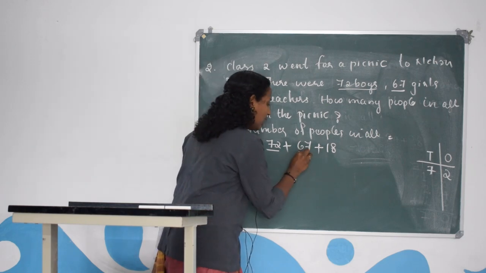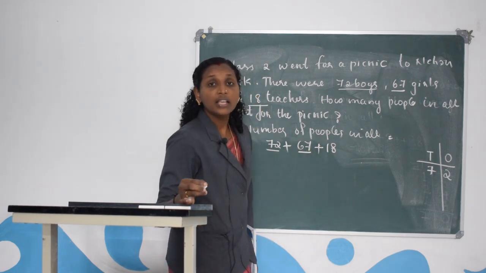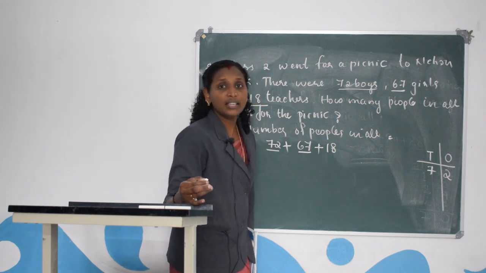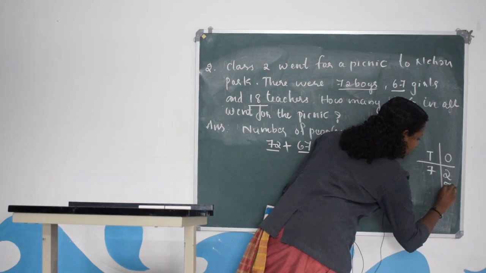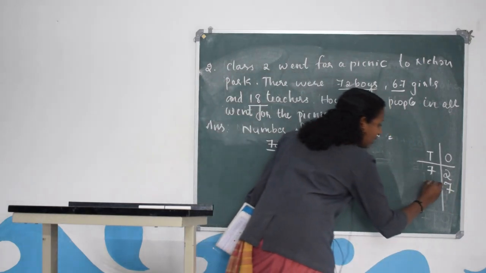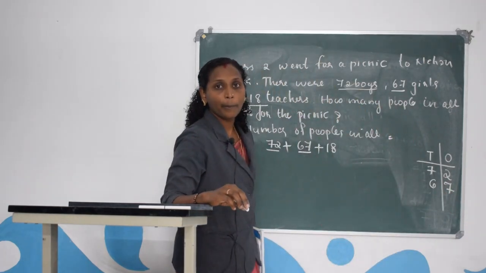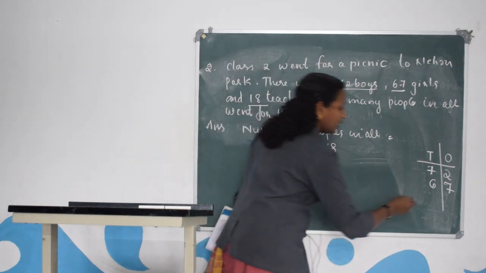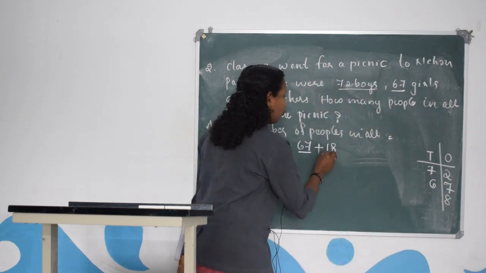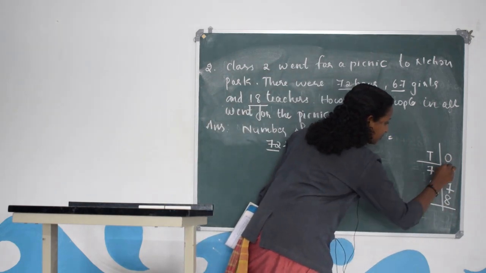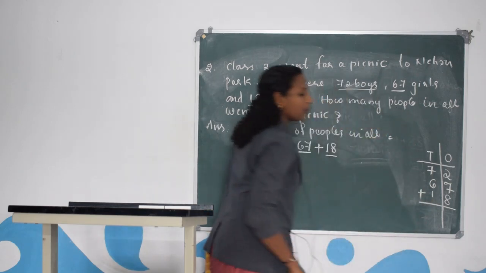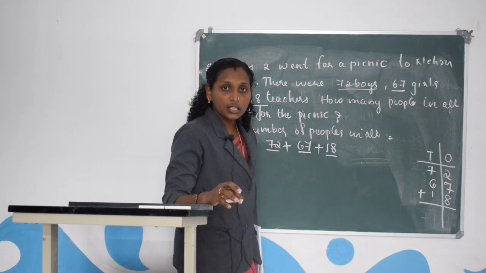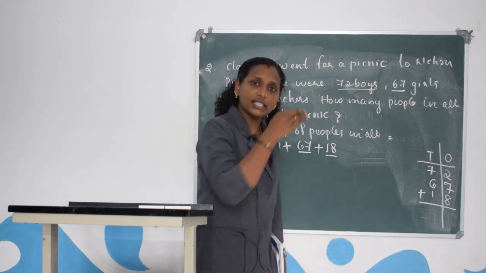The next number, 67. 7 in the ones place and 6 in the tens place. Then look at the next number, 18. 8 in the ones place and 1 in the tens place. Then to find the sum, that means addition. Okay, first we arrange the numbers in places.